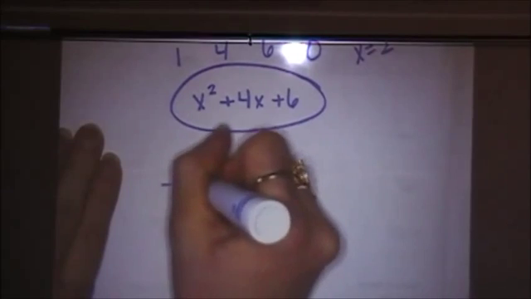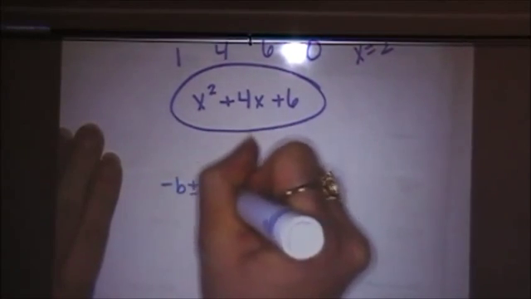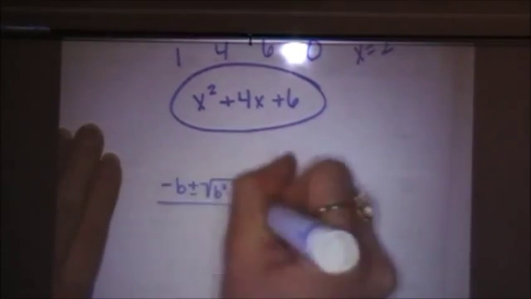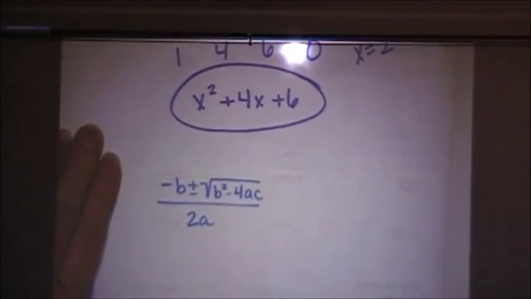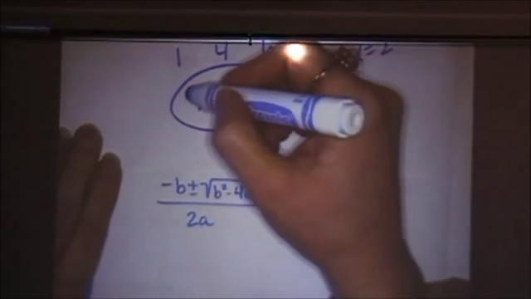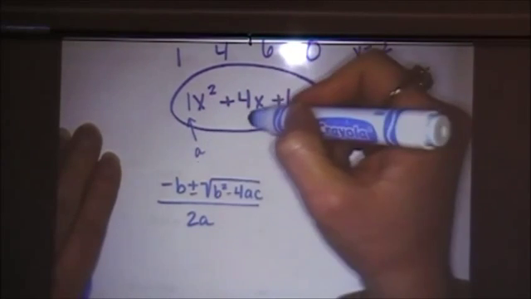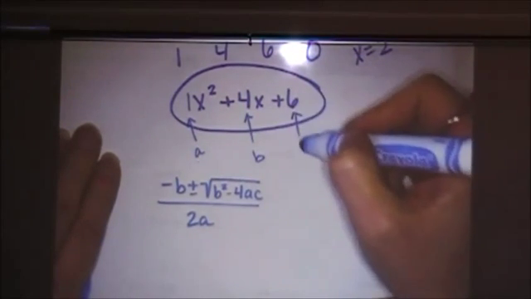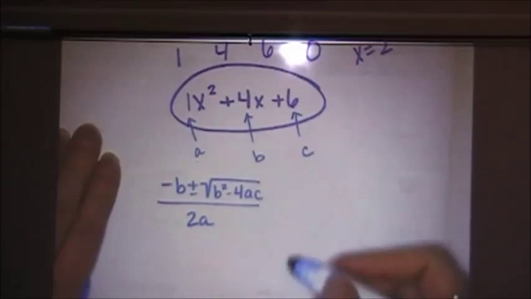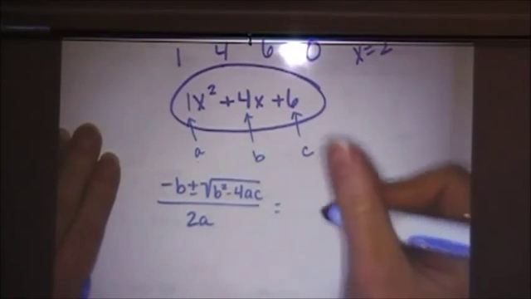-b plus or minus the square root of b squared minus 4ac all over 2a. I'm plugging in these values. That's a, that's b, and that's c. Now you're not going to plug this in your calculator because you want an exact answer.